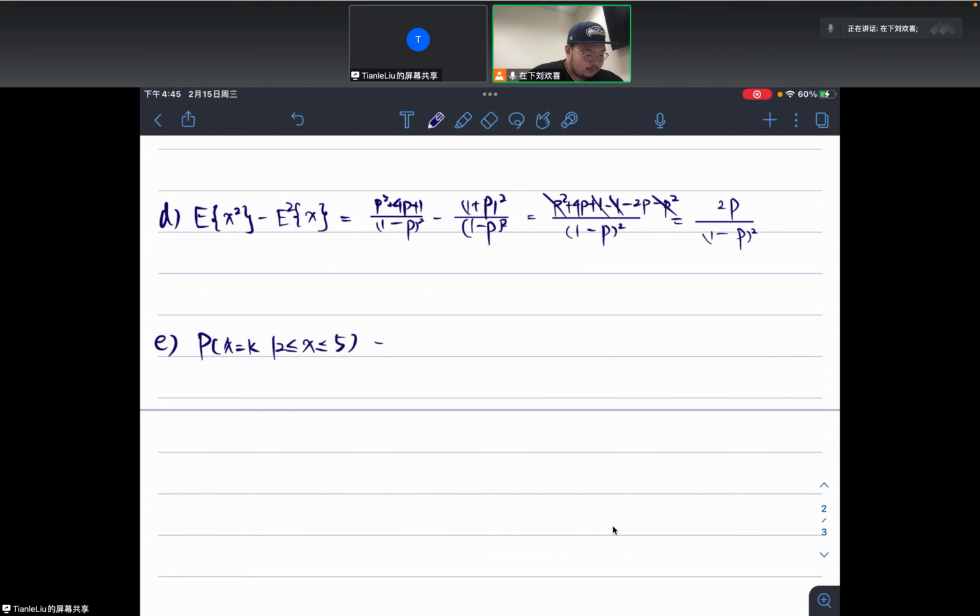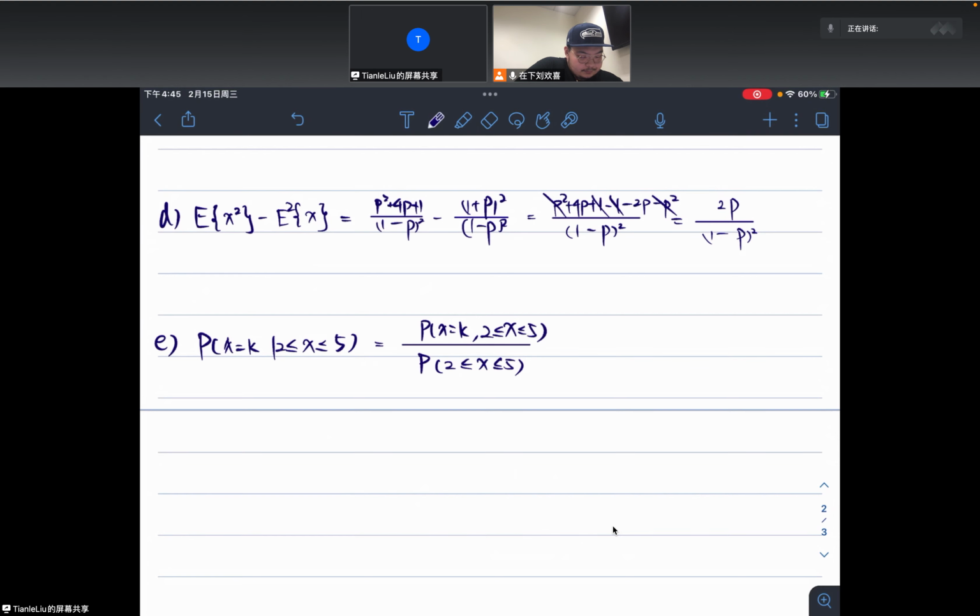And for this problem, we need to use this formula. The problem is that we have to find the probability of X from 2 to 5, and the probability of X equals k, with X going to 5.